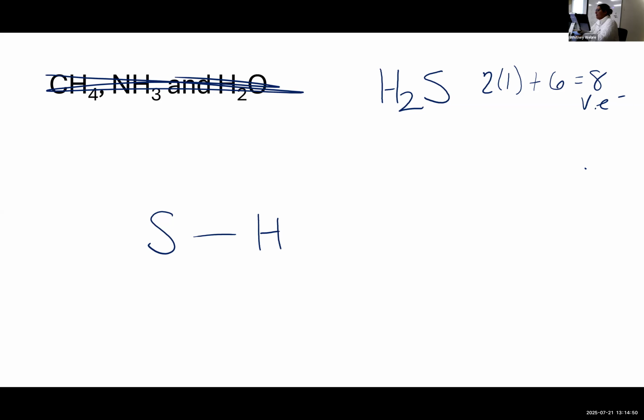So if I did it like this, this cannot be the central atom because hydrogen cannot have more than 2 electrons. Okay, so that's 2, 4, but I need to have 2 more because I'm missing 4 valence, and the only place I can put it is around the sulfur.